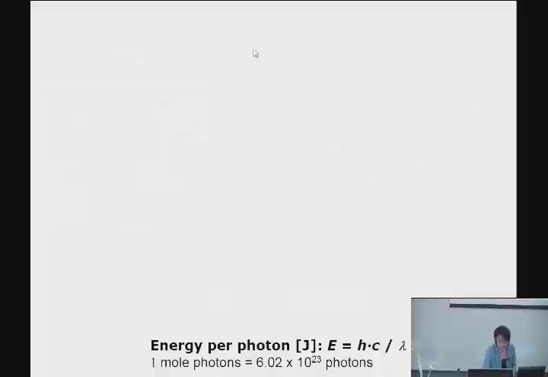This doesn't show in my... Okay, I'm going to skip that, but if you look at the PDF handout version, it has a chart showing energy level relative to the wavelengths.